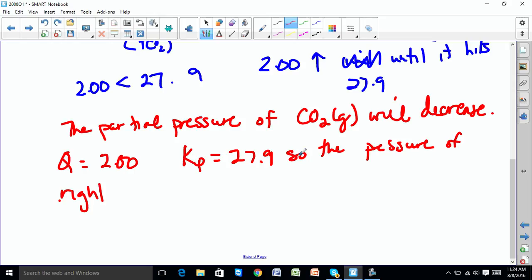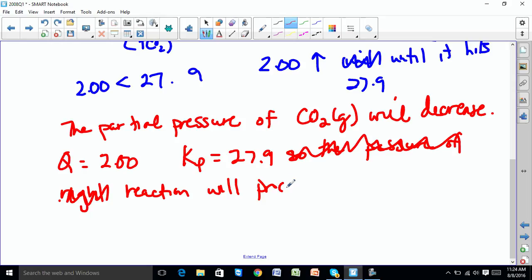And let's just say this, because this will match your book. The reaction will proceed to the right. It's going to shift right, but we don't want to talk about equilibrium shift because we're not at equilibrium. It will proceed to the right, which is how you say shifts right when you're not at equilibrium, because you need to get more stuff on the right and less stuff on the left.